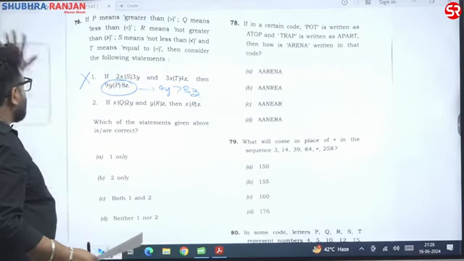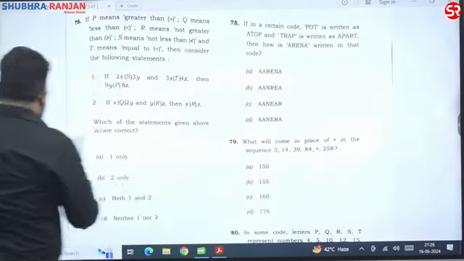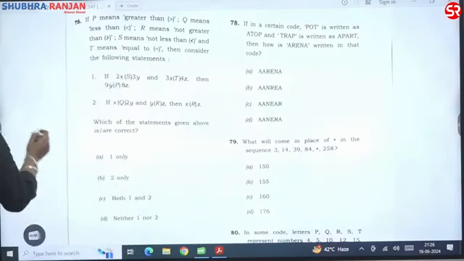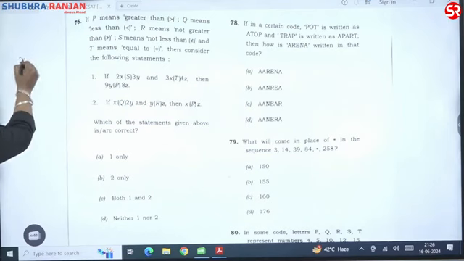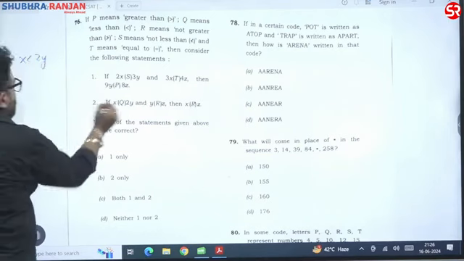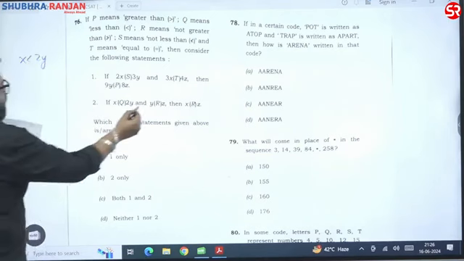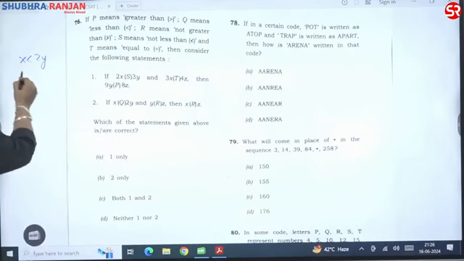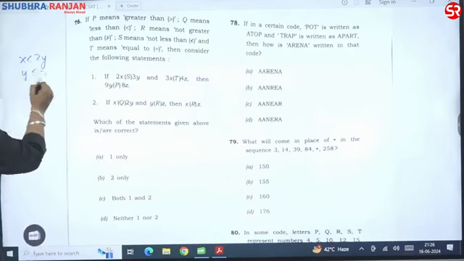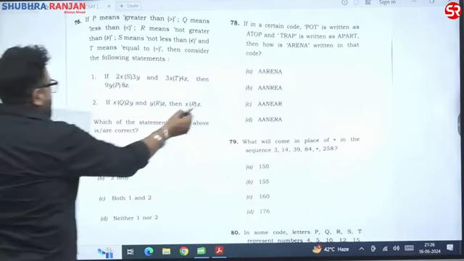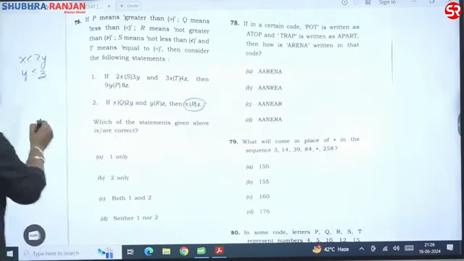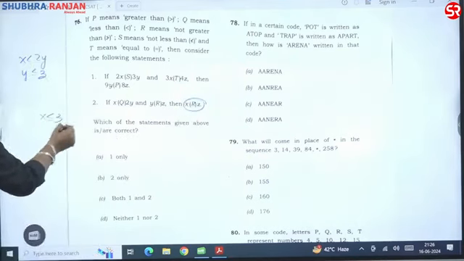Similarly, let's see the second one. The second statement is x is less than 2y, and y r z means y is less than or equal to z, and the question he is asking is, then is x less than or equal to z? So again, you want a relationship between x and z.